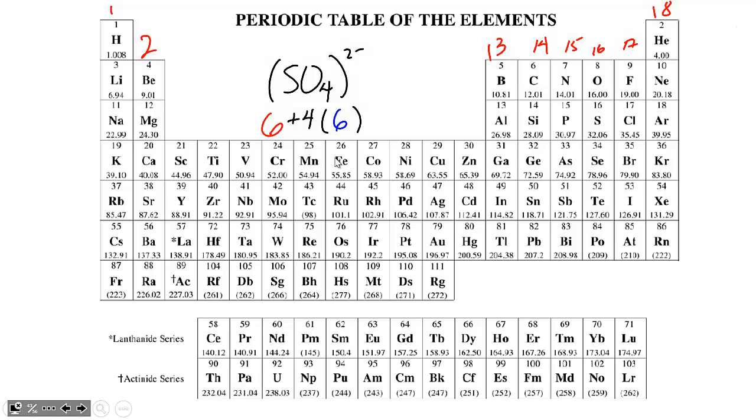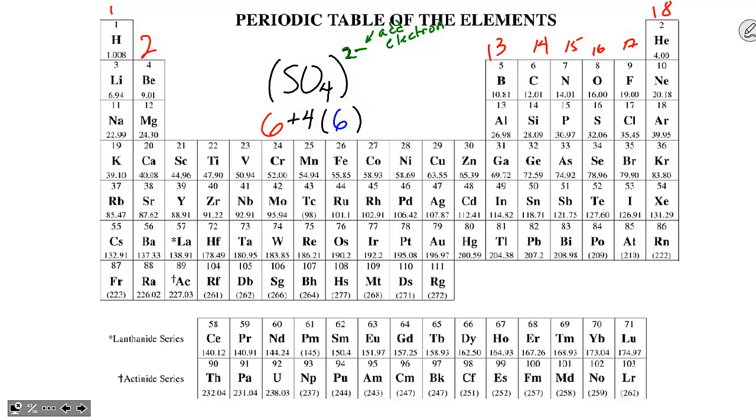Now, before you finish counting, there's something of note here. Sulfate is sulfur with 4 oxygens that collectively has a -2 charge. The only way you could get that -2 is if you had extra electrons. So if you have an ion, you need to add or take away electrons based on the charge.